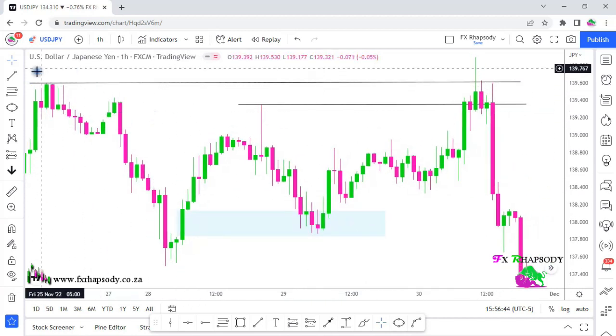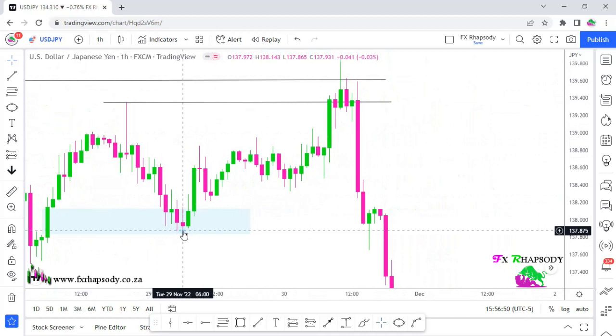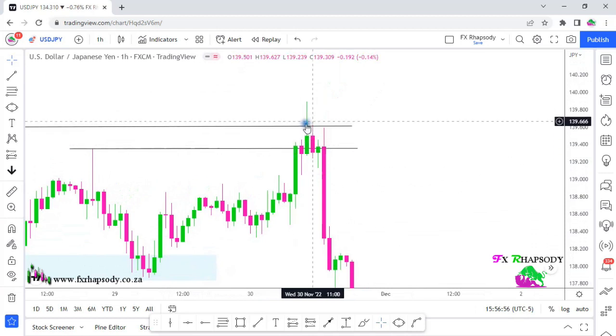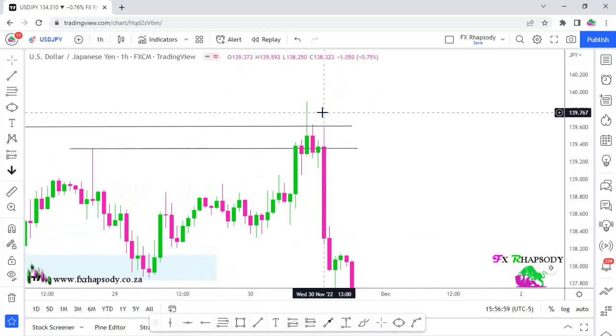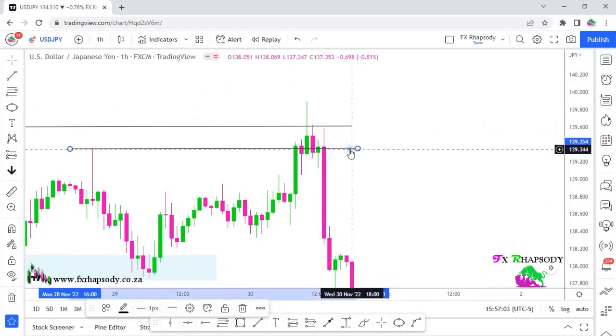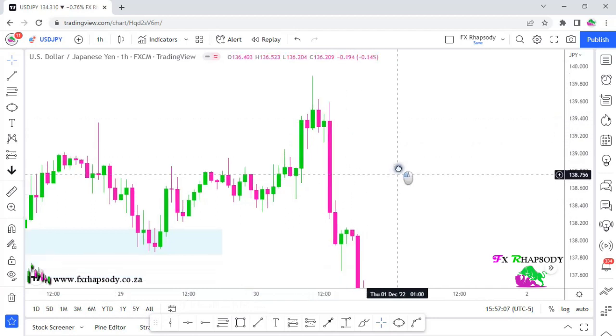Same here, sell stop losses. So you have a buy opportunity here, price going up, and your targets will be these sell stops in the market. So those stop losses being hunted, those liquidity areas being hunted in the market.